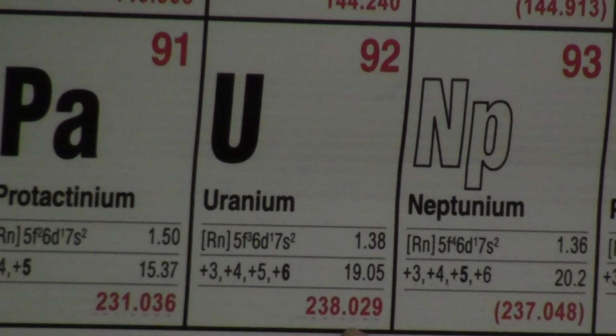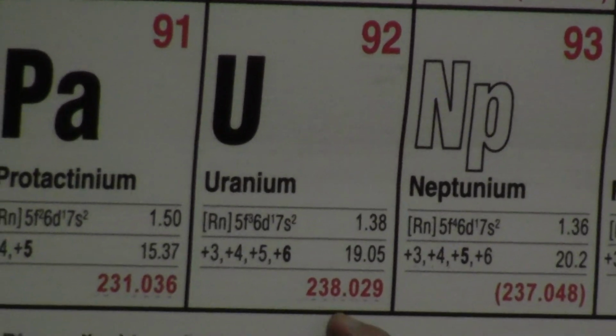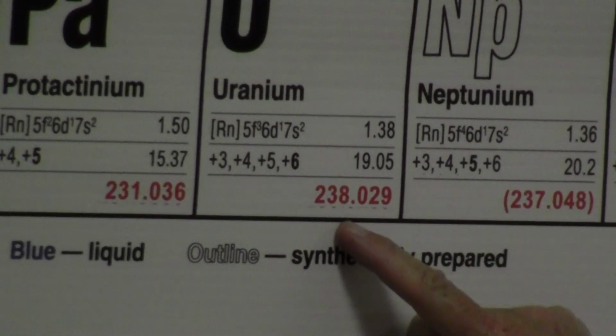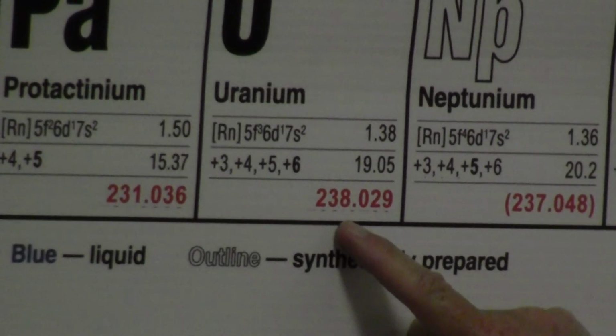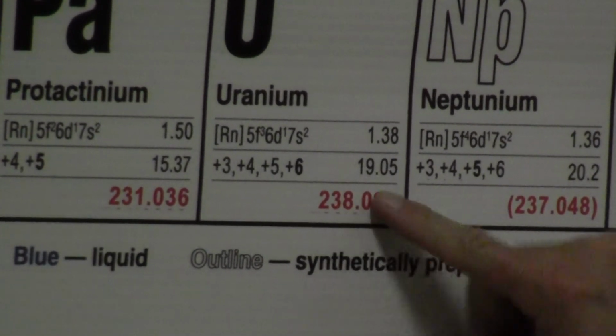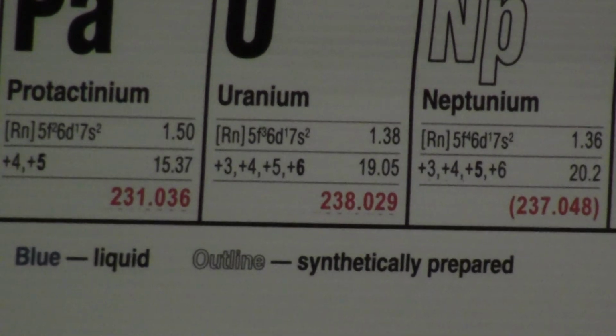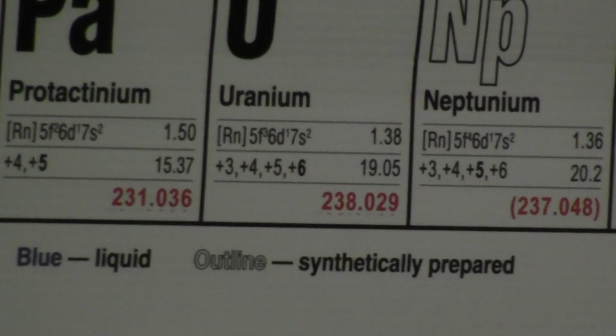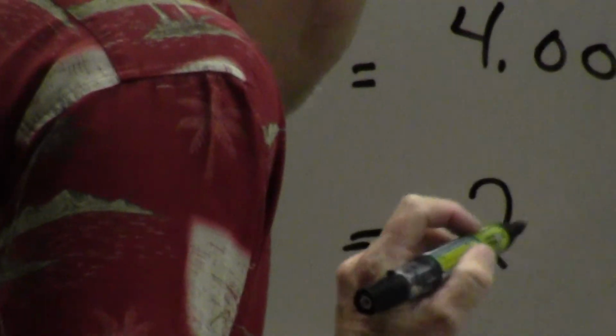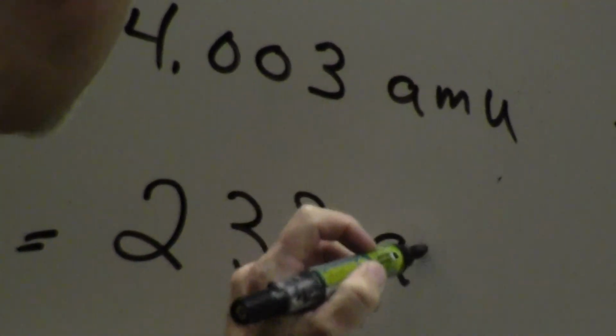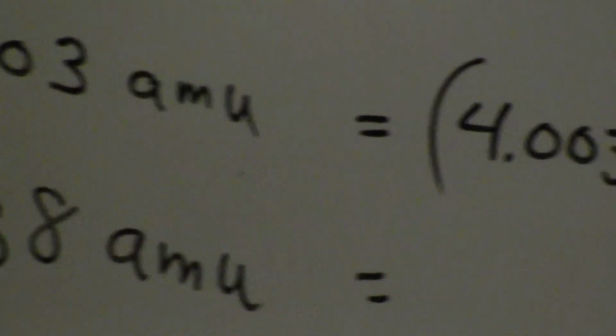And so this number right down here is telling me how much mass does one atom have. And I'll just go to 238. I won't do the fraction. And so uranium, big capital U, is 238 atomic mass units.